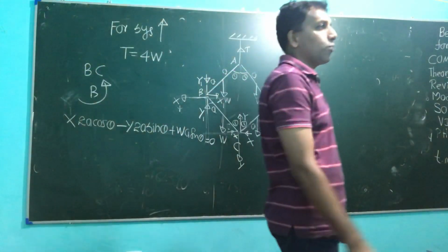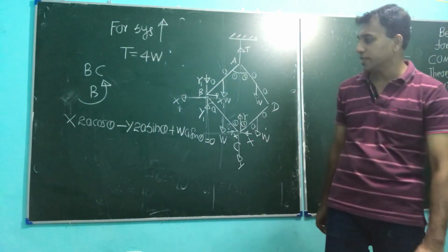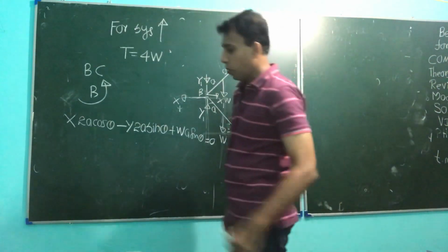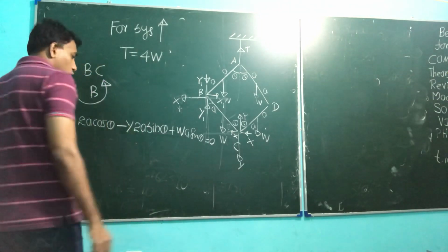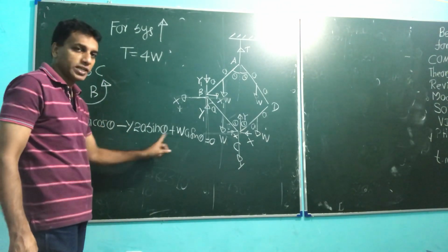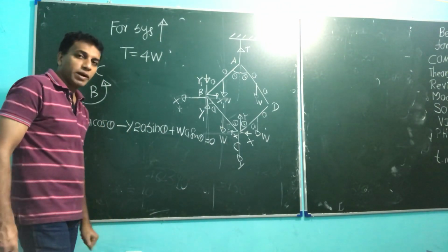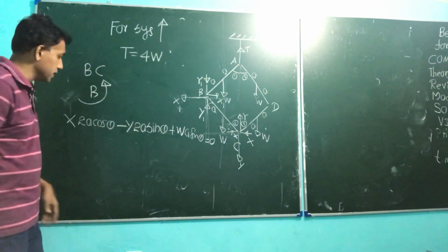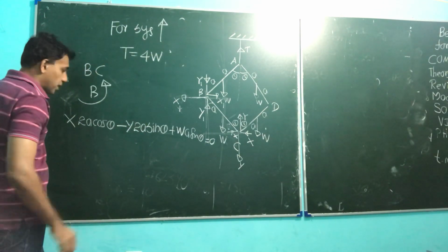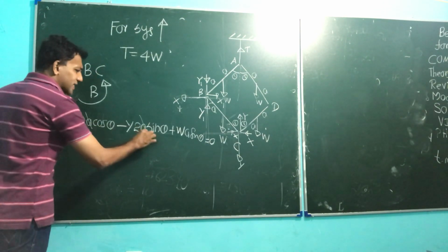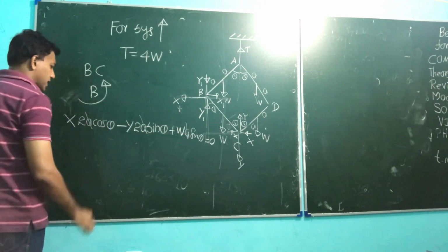This is the method of obtaining the first equation from the rod BC moments. Now see, sin theta is common, so can I divide by sine? And also divide by a, it cancels.